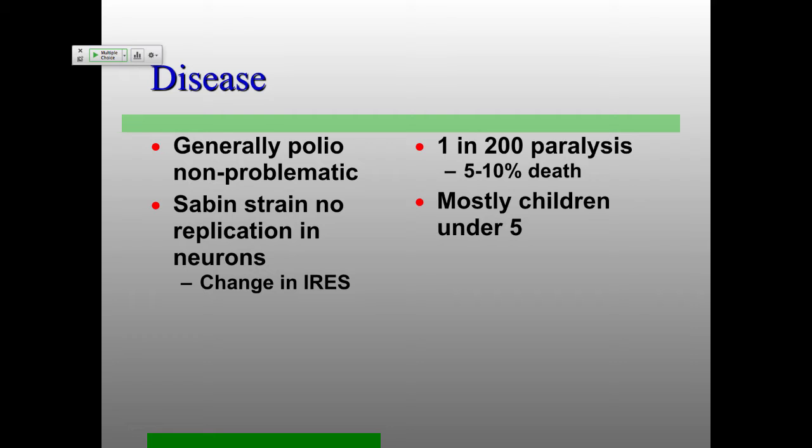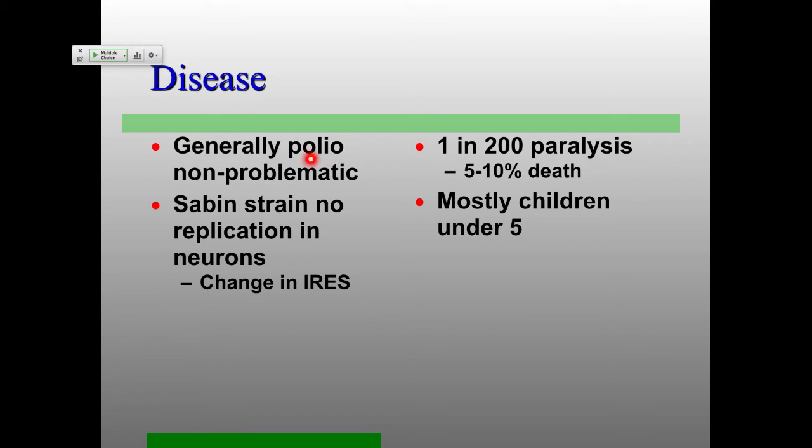However, when you do have paralysis, and this is particularly true for kids, it can be pretty deadly. 5 to 10% of those who do get paralysis, which is about 1 in 200, 0.5%, end up with their lungs paralyzed, some other kind of major internal muscles paralyzed, and it's really a problem. And also, this is really a big problem for kids.